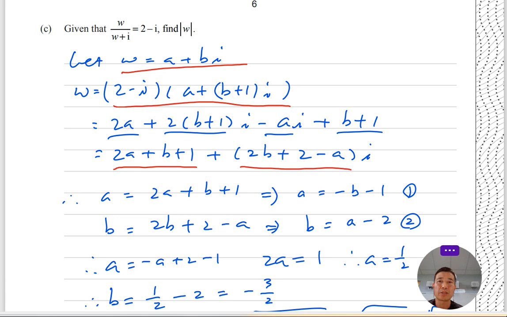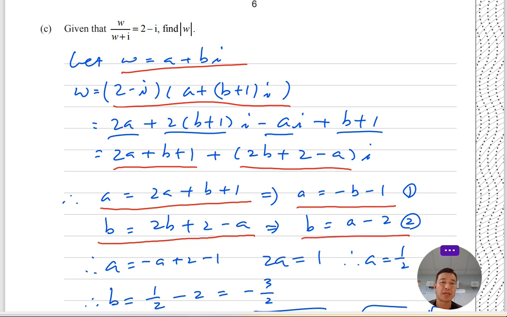Because I defined w as a plus bi, a is 2a plus b plus 1. In other words, a equals minus b minus 1, and b equals 2b plus 2 minus a, which is b equals a minus 2, right?